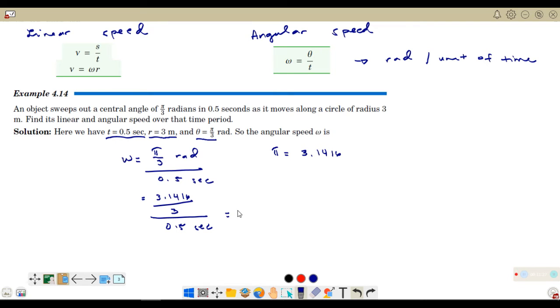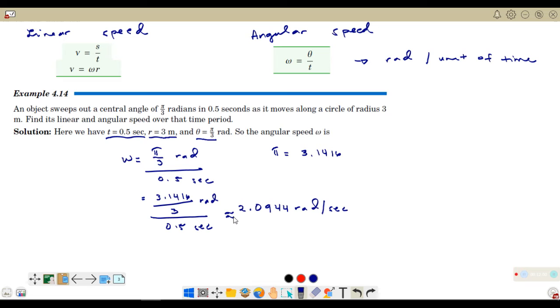So, that is, kuha kayo calcu, 3.1416 divided by 3 divided by 0.5. Okay, so this is about 2.0944 radians per second. So this is the approximated value.